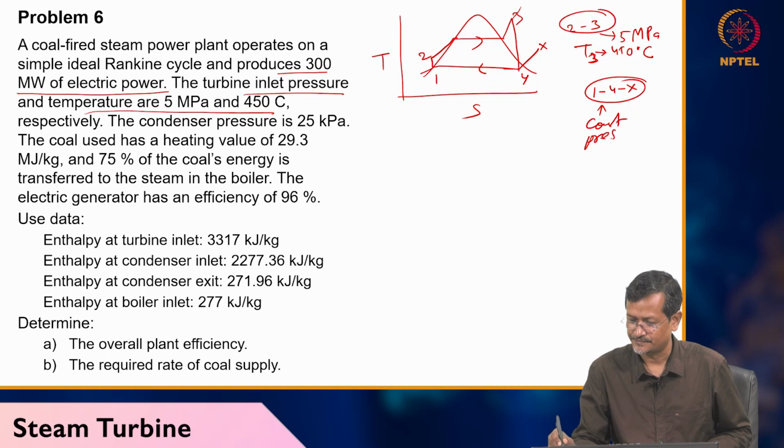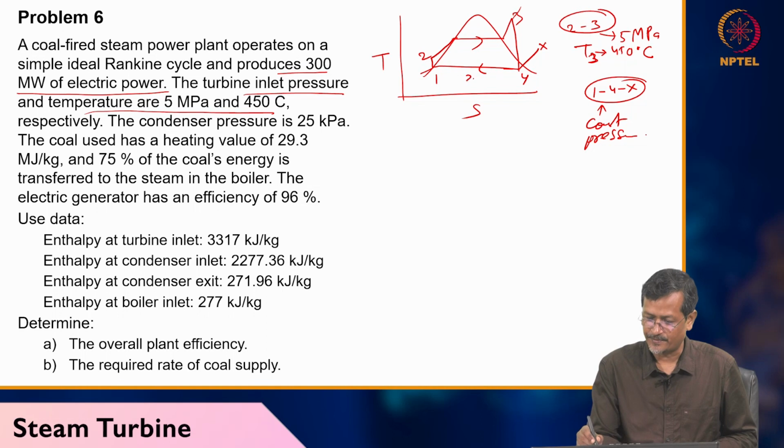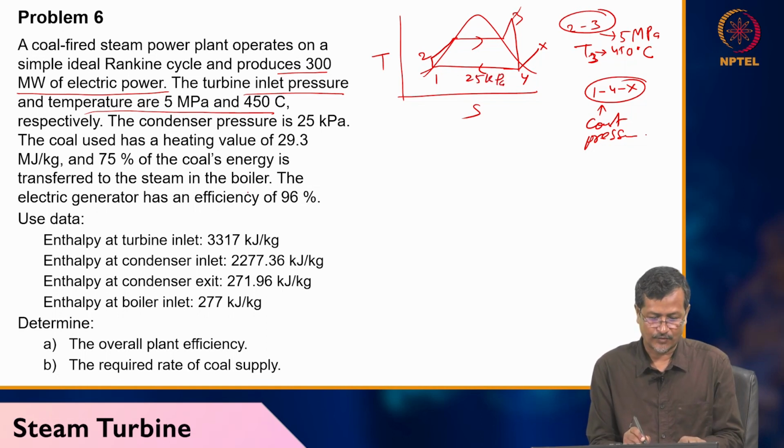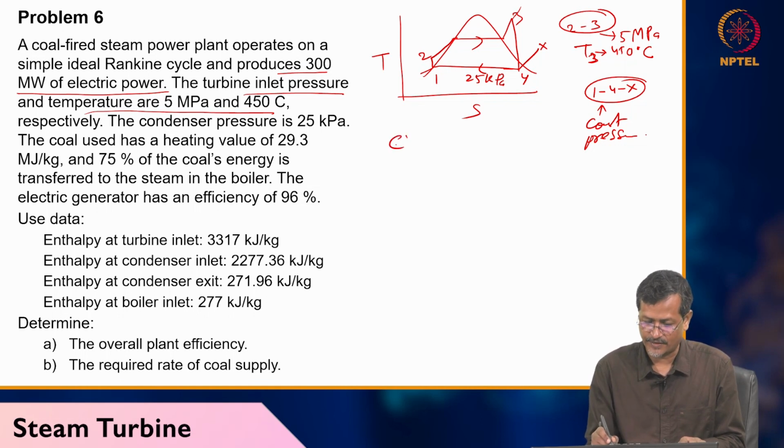So pressure is given, 25 kPa. And the coal used has a heating value, HV coal.